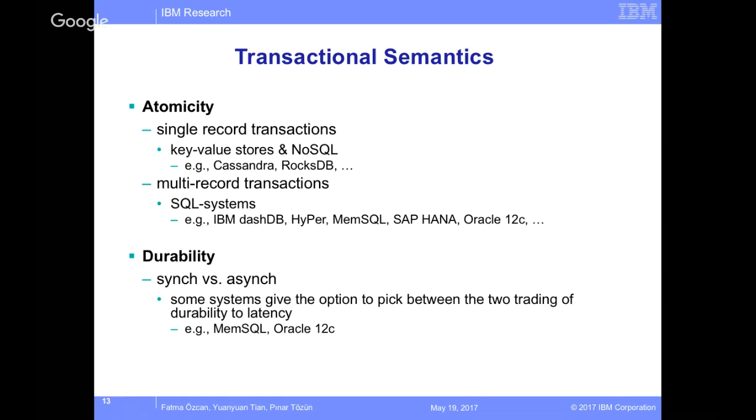Okay, so a closer look into atomicity. I think we kind of talked about it a little bit. Single record transactions, most of the key value stores and NoSQL stores will be supporting this option. There are some examples, Cassandra and RocksDB. And on the other end of the spectrum, where it is way more complicated, all the SQL systems will allow you to do more complicated transactions.